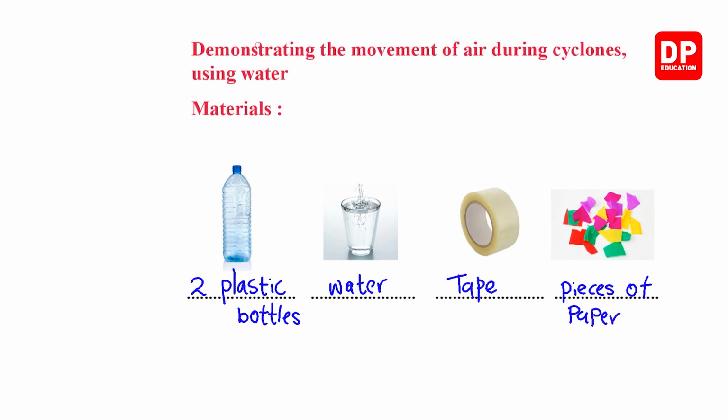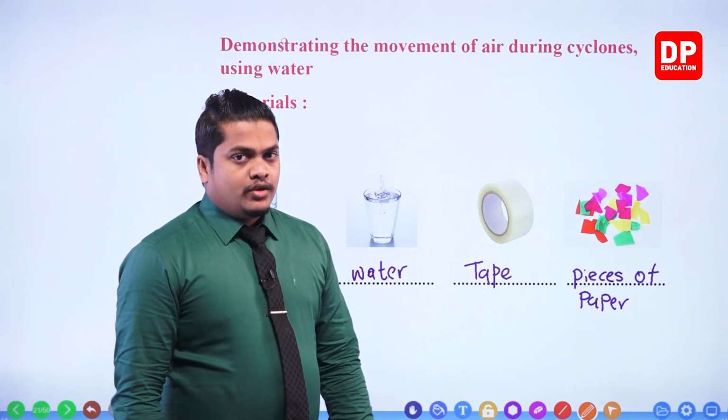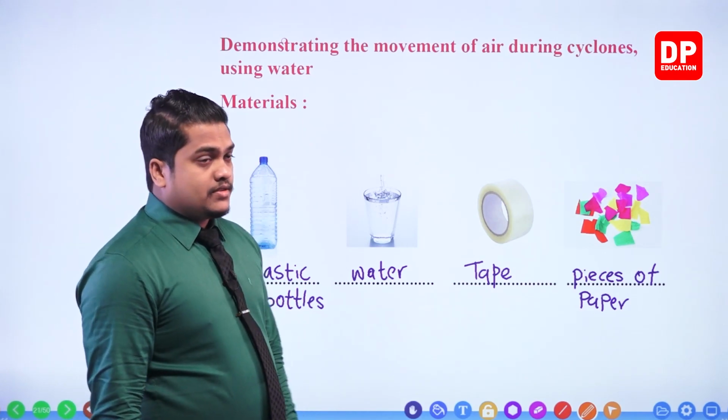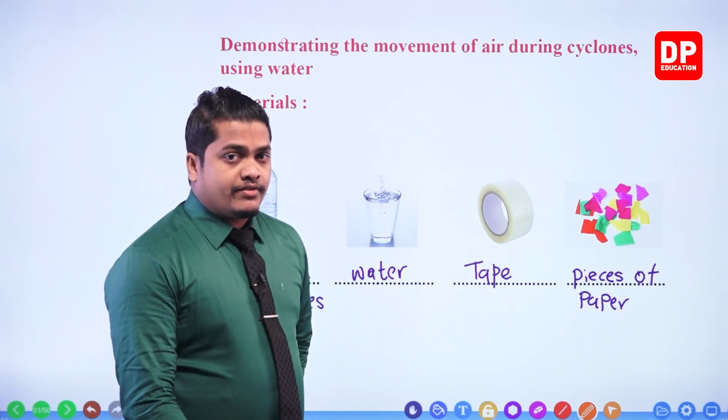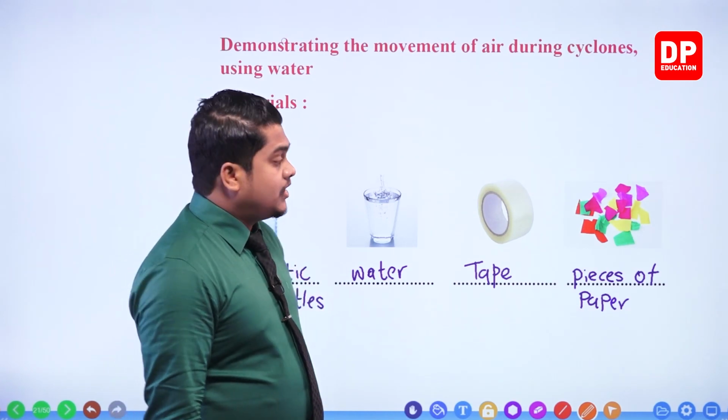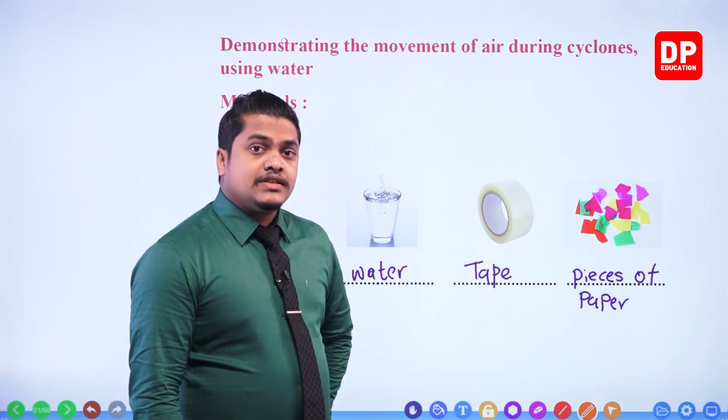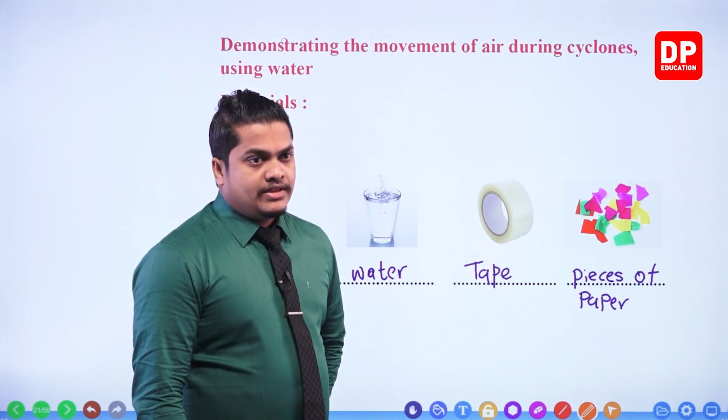So these are the ones you need: two plastic bottles, water, and tape so that you can wrap the two plastic bottles together, then pieces of paper. These are what you need for this activity.